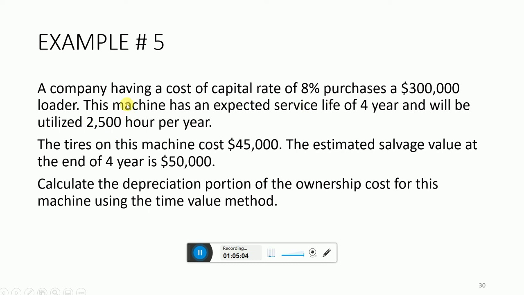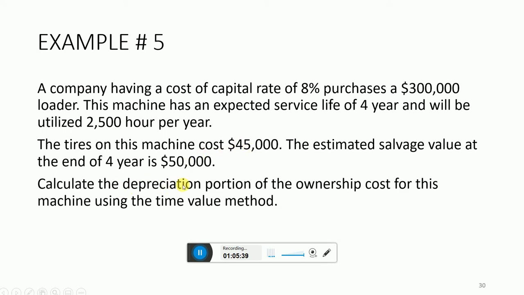Its initial cost is $300,000 with a capital rate of 8% for 4 years. The tires on this machine cost $45,000. The estimated salvage value at the end of 4 years is $50,000.